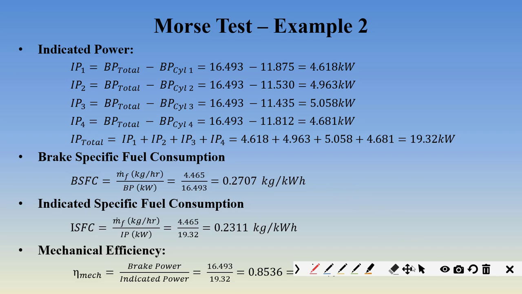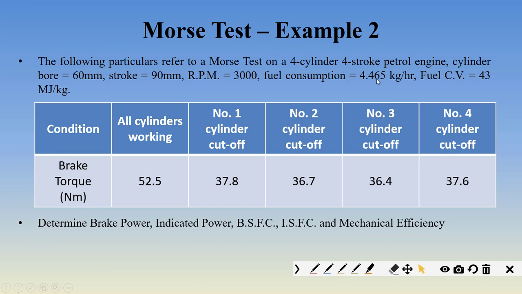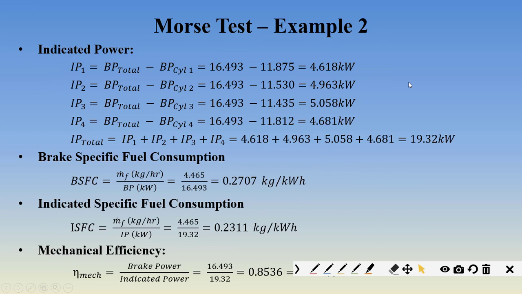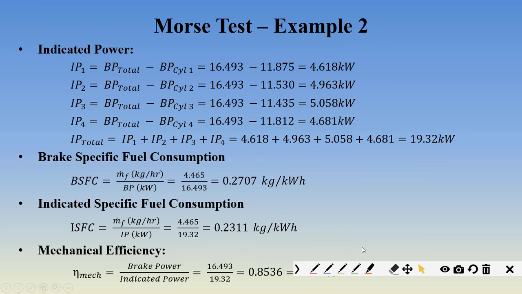It is already given to us in the question itself, right? 4.465 kg per hour. I just divided it by the brake power that we found out. Substituting that, we get brake specific fuel consumption. Similarly, to find indicated specific fuel consumption, it is mass flow rate of fuel divided by indicated power. That is indicated specific fuel consumption.